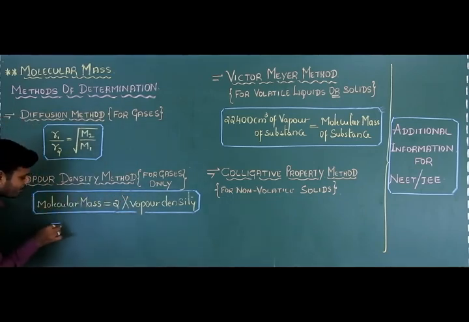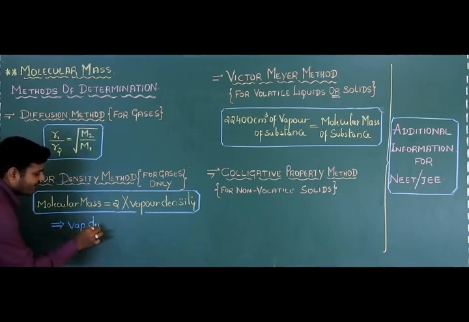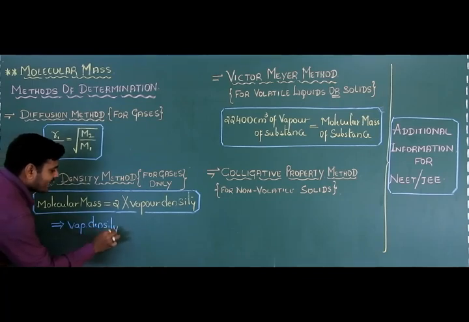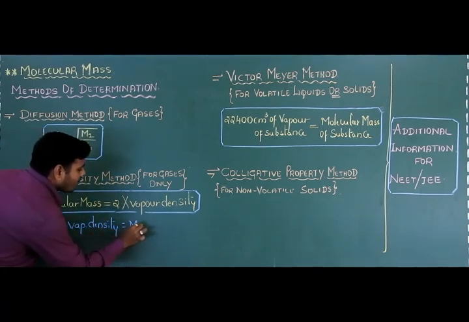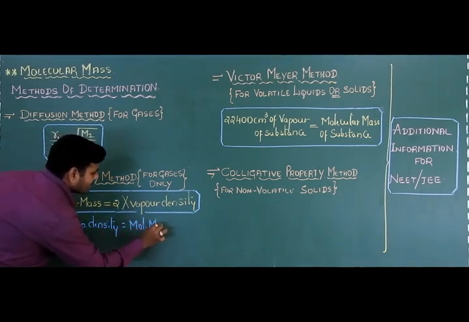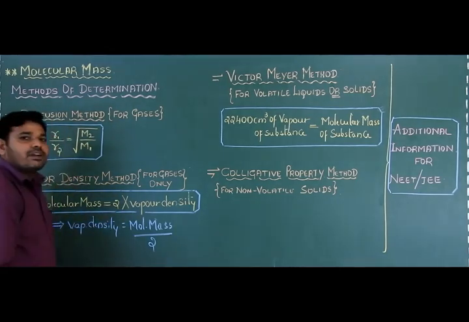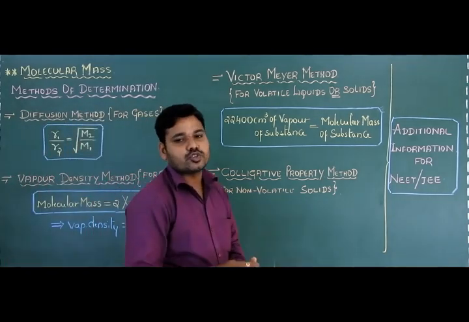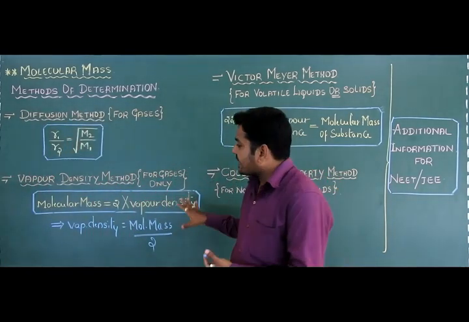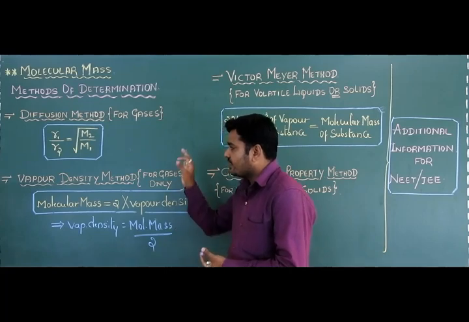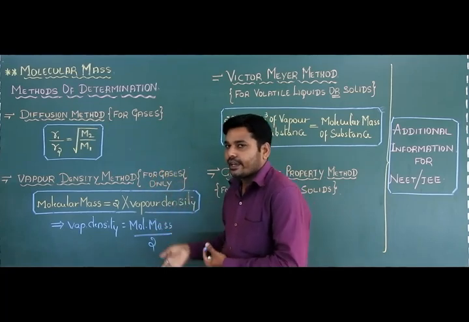So this implies vapor density is equal to molecular mass of the chemical substance divided by 2. We can calculate vapor density by using the molecular mass of the chemical substance, and we can calculate molecular mass by using the vapor density of the chemical substance, students. So this is the second important method, called the vapor density method.